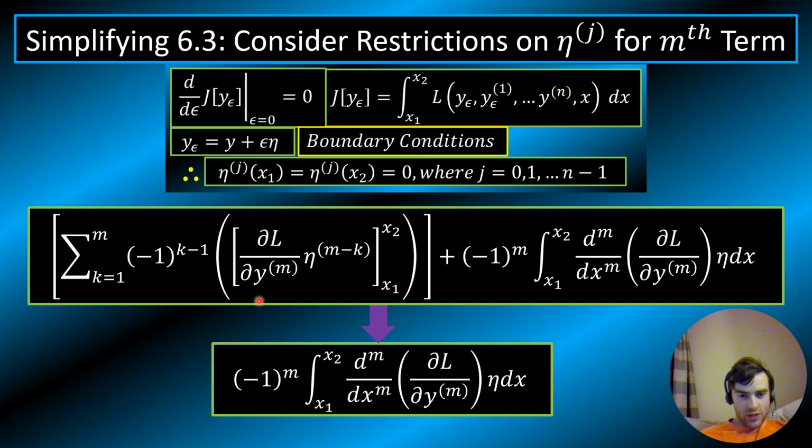It vanishes to 0 because, oh yeah, eta at x2, because of this condition.